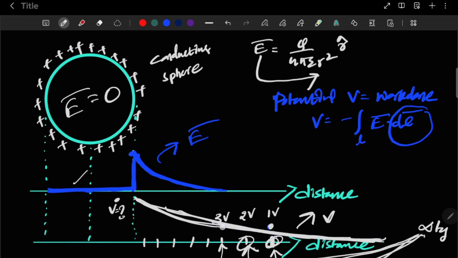It is required to do this much amount of work. For example, it is 5 volts. So to reach this particular point, it requires 5 volts. Then from here to here, 0 volts, 0 amount of work. So 5 plus 0 will be 5 volts only.